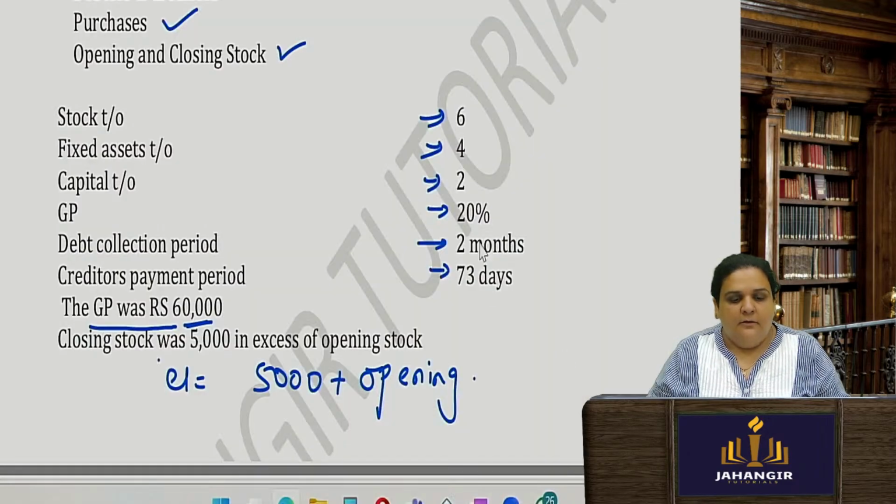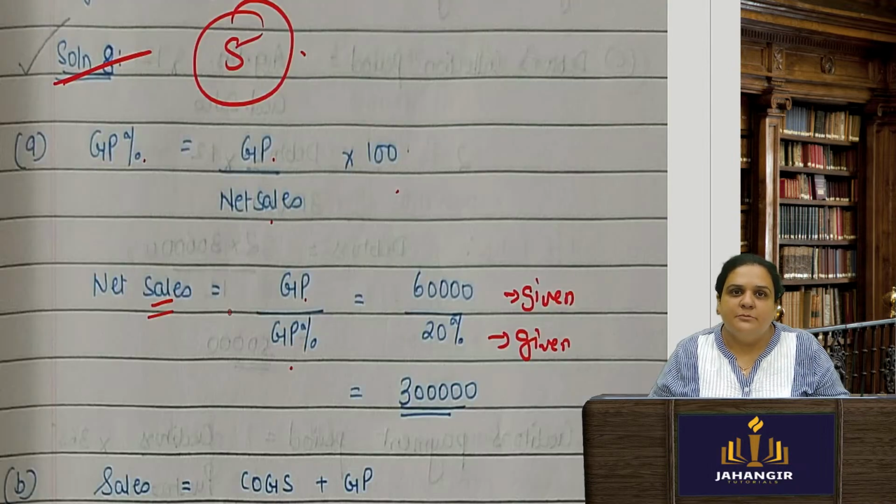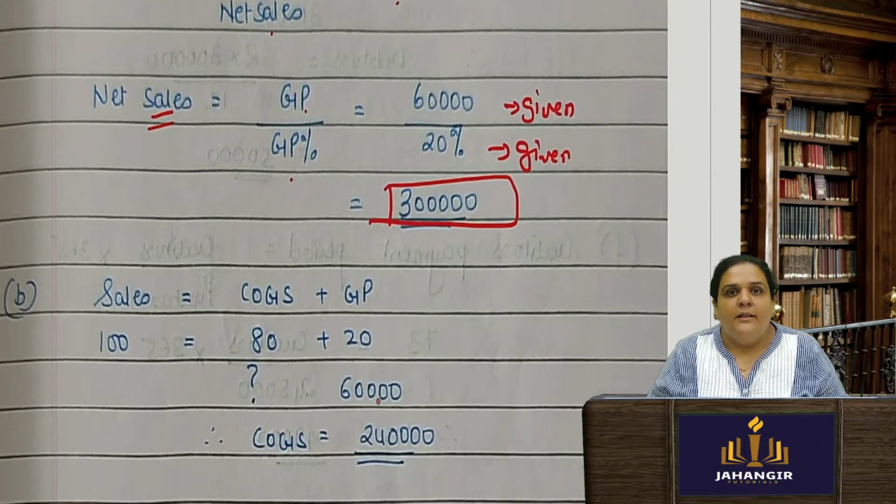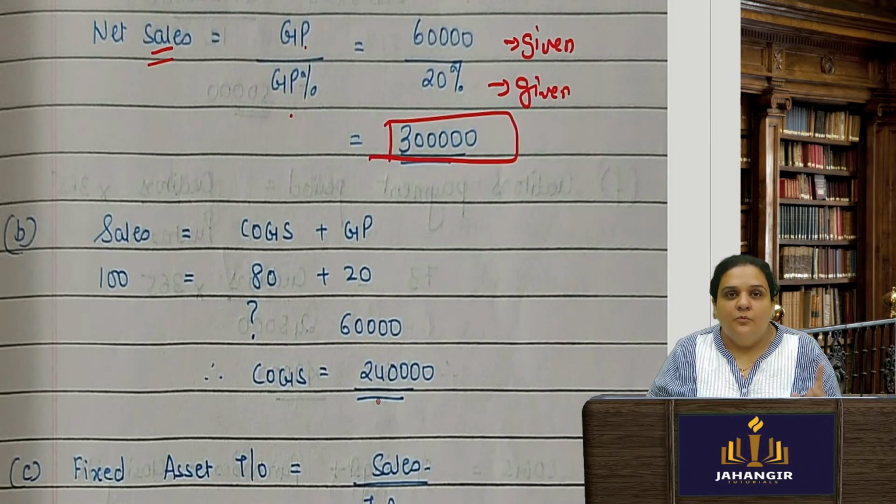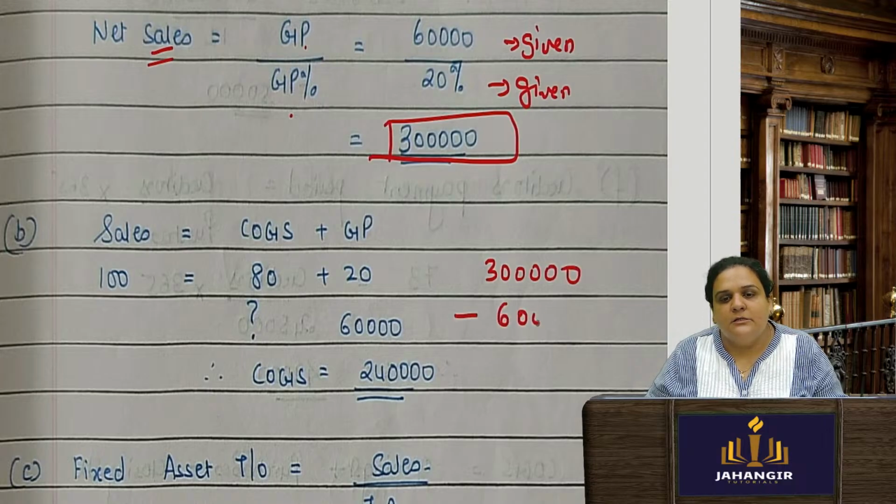Here they have given me 20% and 60,000 of gross profit. That means my net sales is 3 lakhs. One thing is done. Since I have my sales and my gross profit, COGS is easy to find. COGS will be 3 lakhs minus 60,000, that will be 2,40,000 as my COGS.